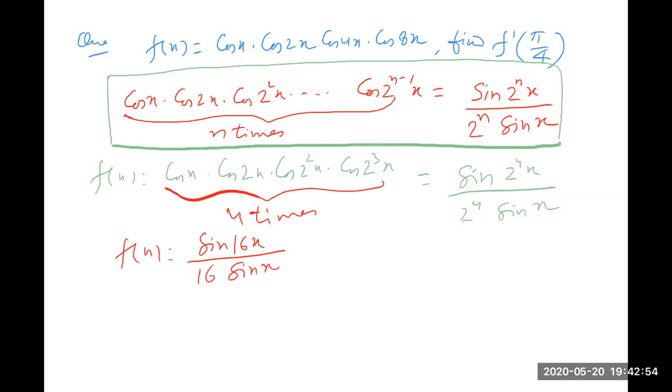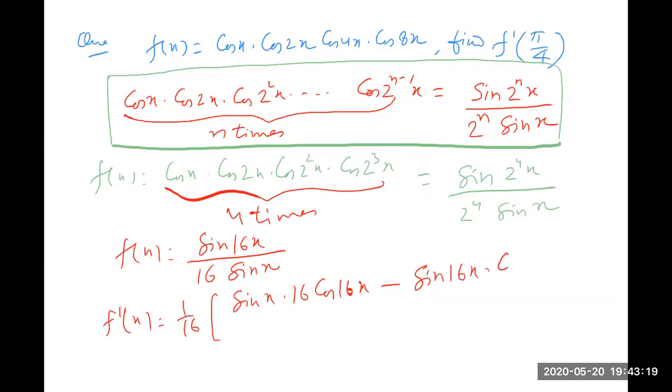Now calculate f dash x. So f dash x is equal to 1 upon 16 outside, sin x into 16 cos 16x minus sin 16x, derivative of sin x is cos x, upon sin square x.